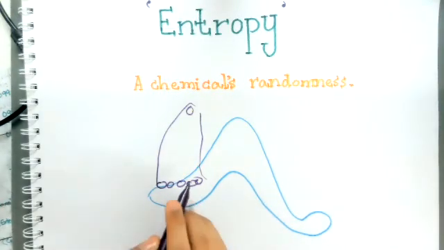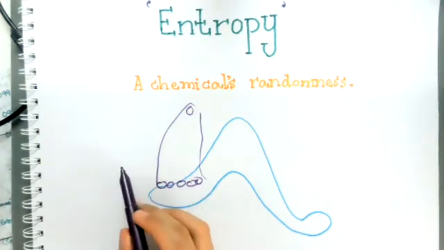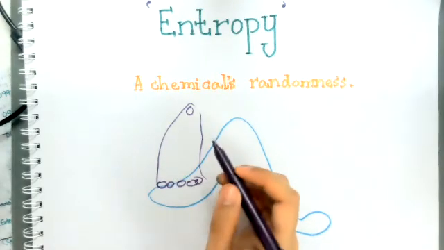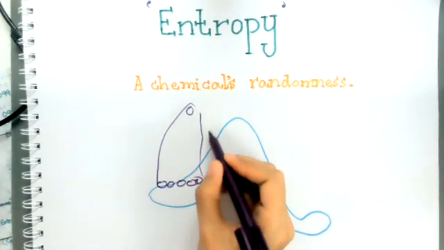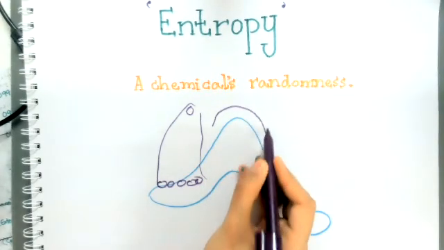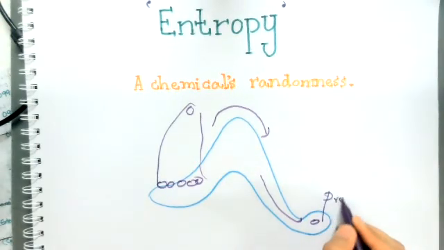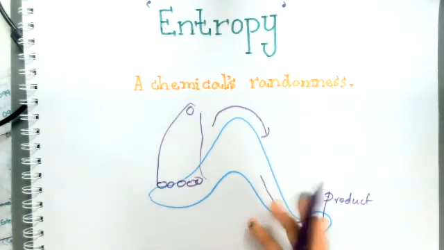But then imagine a person comes along and knocks them all over. They start bouncing everywhere, and some of them bounce so high they move up this hill and then down into the product hole. So the products are going to be formed. So this is entropy.